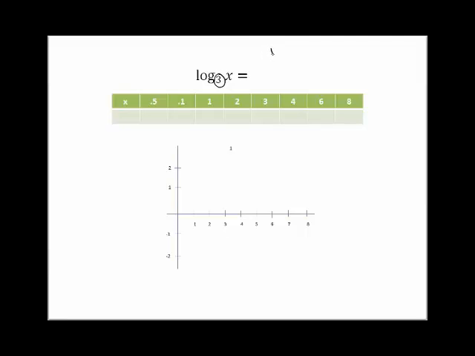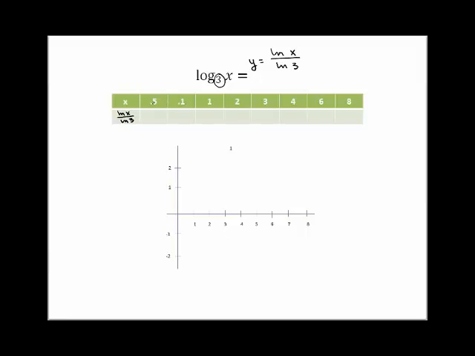So what would this look like? ln of x over ln of 3. Now if you're putting that in your graphing calculator, it would say y equals, and this is what you would enter: ln of x over ln of 3.